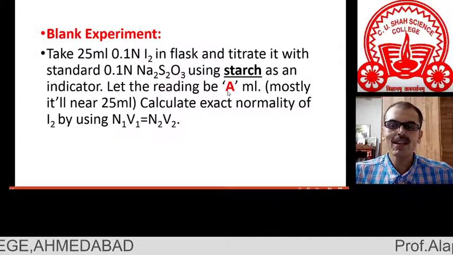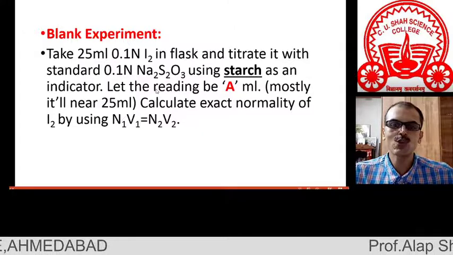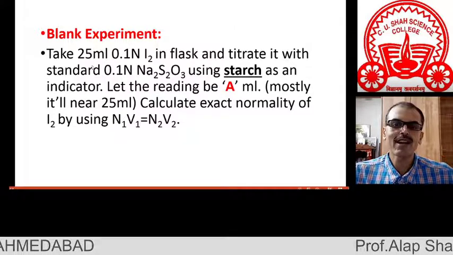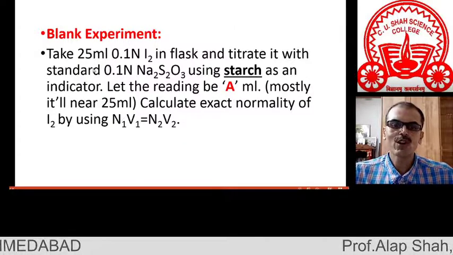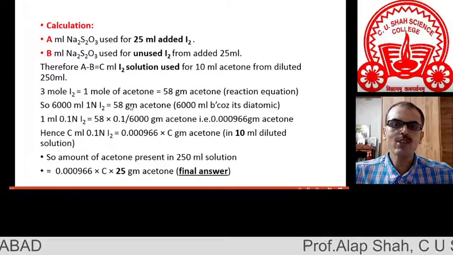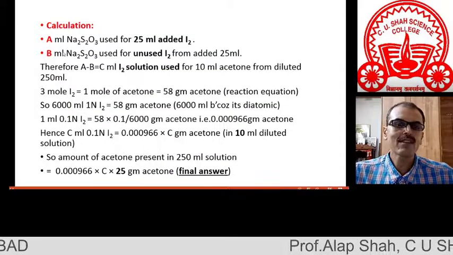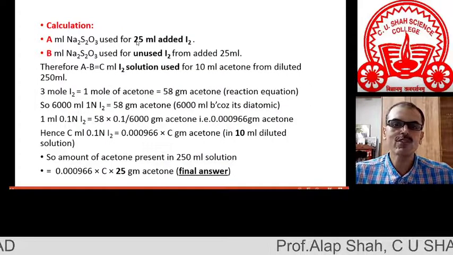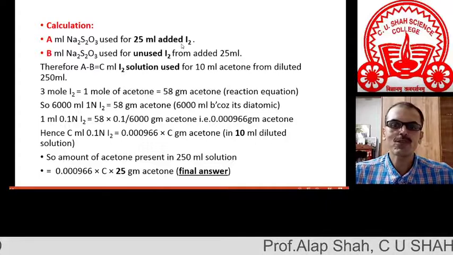So A ml is actually the amount of sodium thiosulfate used for the 25 ml I2 solution, and you can calculate the exact normality of I2 also. Now friends, we have two readings. A ml sodium thiosulfate is used for 25 ml I2.